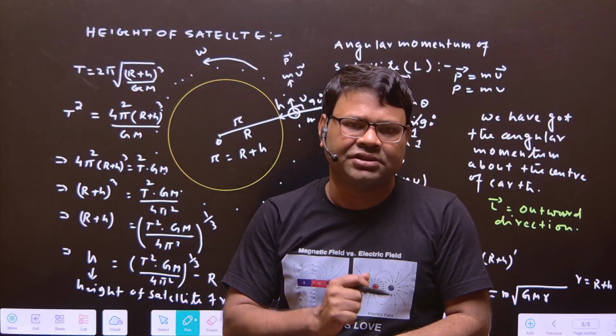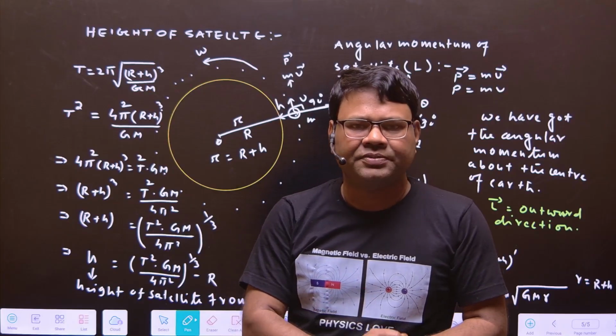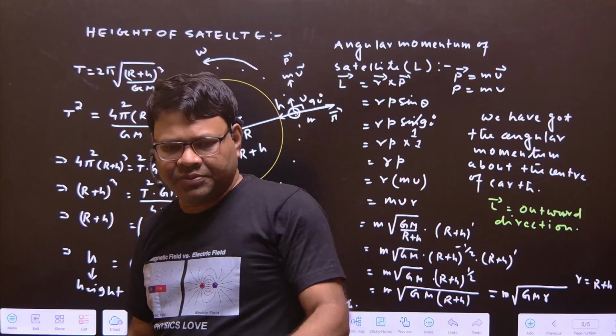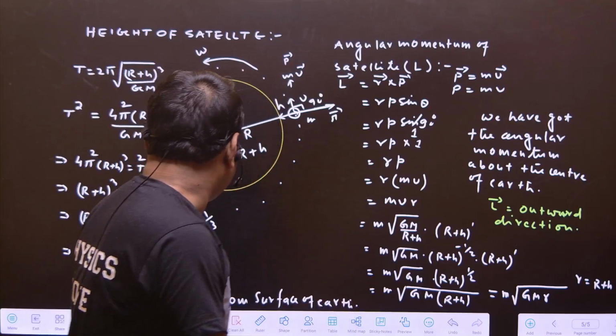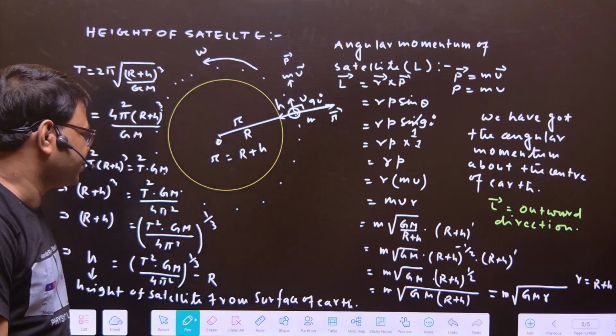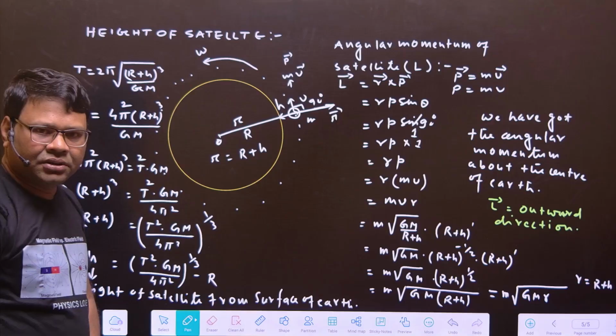Now I will discuss here, students, the energy of the satellite. Have you copied it, students? Any problem? Okay, students, please copy. I am going to the next page. Okay, copied now.